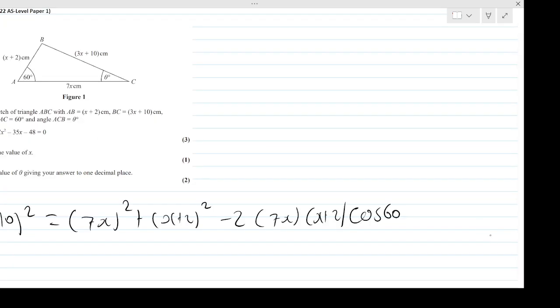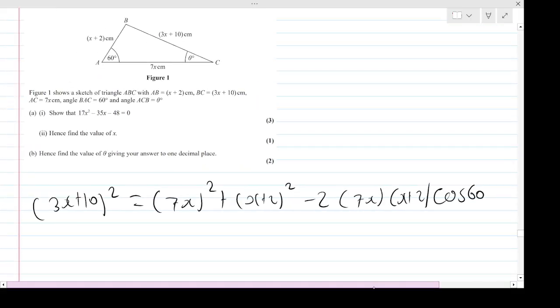Okay, so then I can expand all this. Firstly (3x + 10) squared. Again, that's not the nicest bracket. You could do it to the side somewhere if you wanted to: (3x + 10)(3x + 10), expanding it term by term if that's more comfortable.